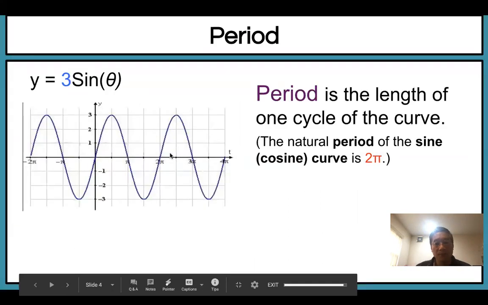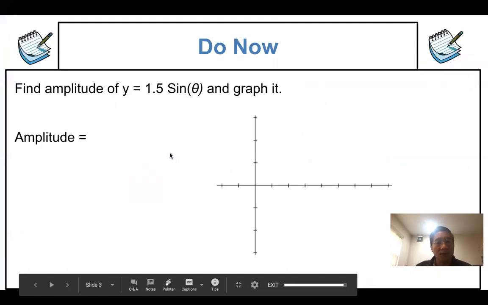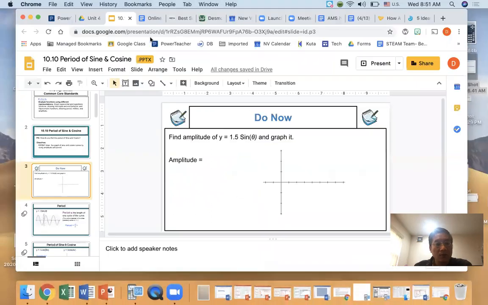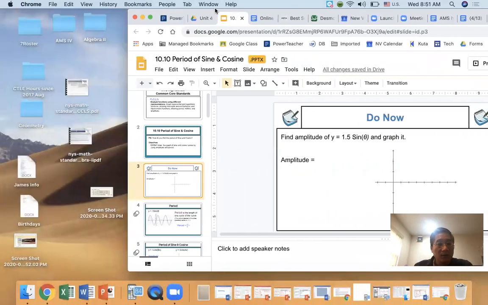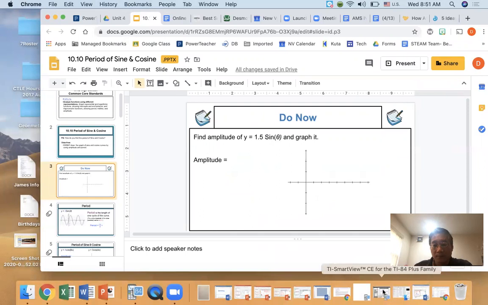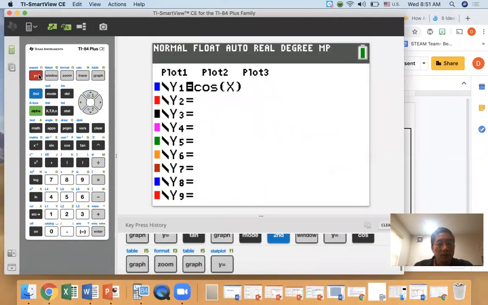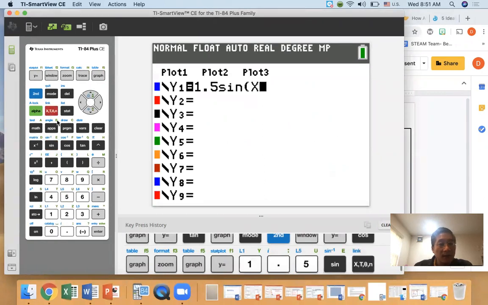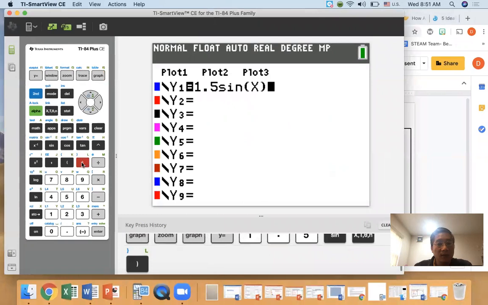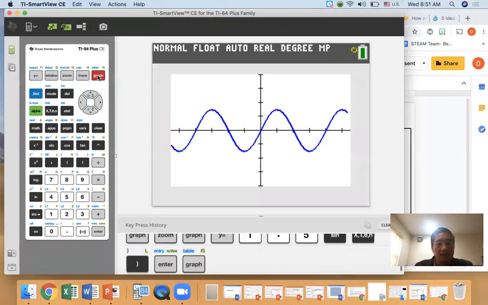So you can draw the graph, or if you want to see it, let's go to the calculator. Go to the y code and change it to 1.5 times sine x, where x is the angle instead of theta, and enter and go to the graph.